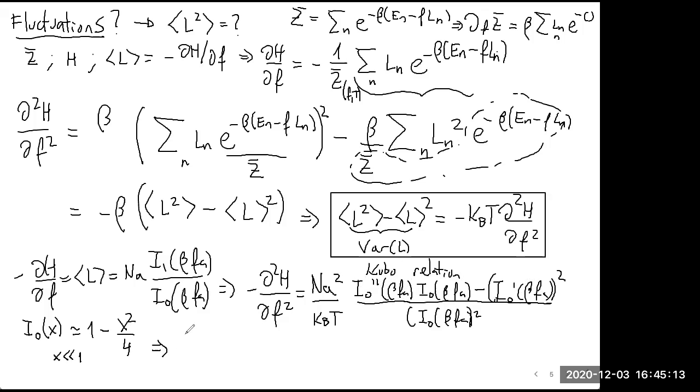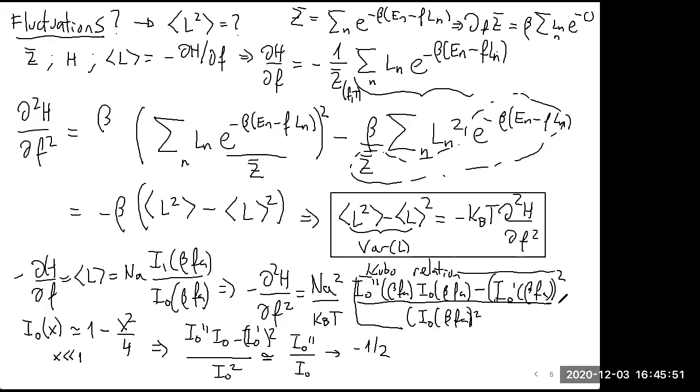So it implies that I0 prime prime, I0 minus I0 prime squared, divided by I0 squared, in this limit is I0 prime prime divided by I0, which goes like 1 for this and like minus 1/2 for this. So when beta Fa is small, we go to minus 1/2, when beta Fa is smaller than 1.